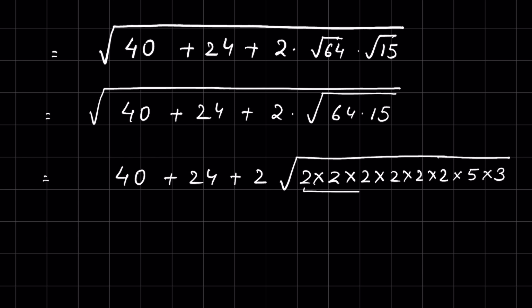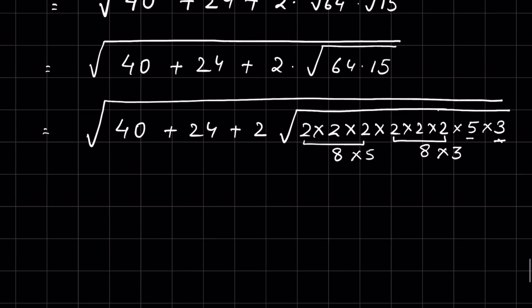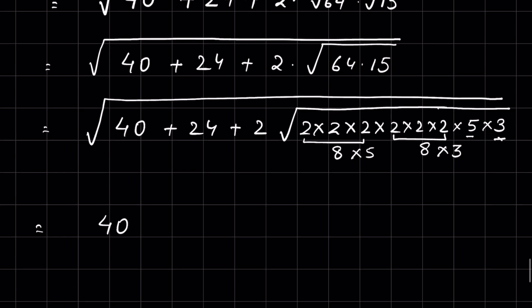Now 2 times 2 times 2 is 8, and 8 times 5 is 40. Then we are left with 8 times 3. So 64 times 15 we can write as 40 times 24.